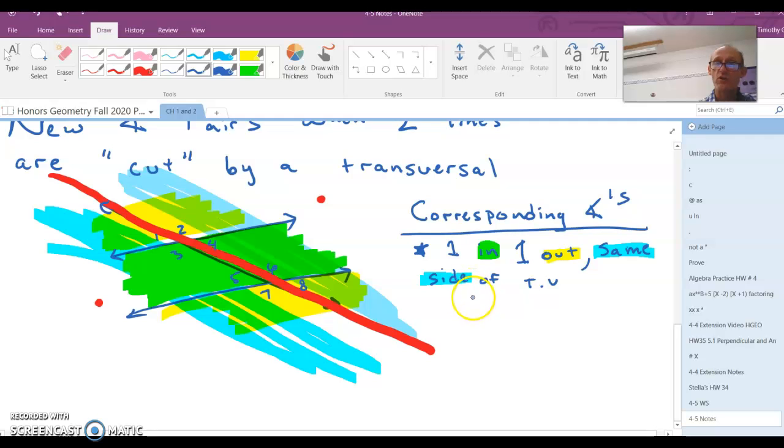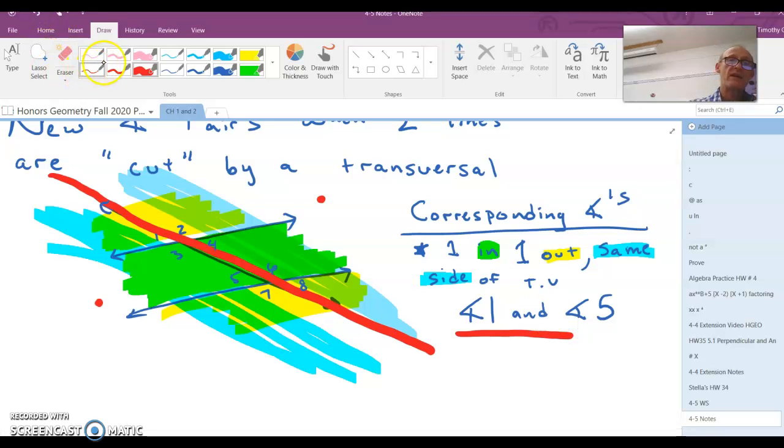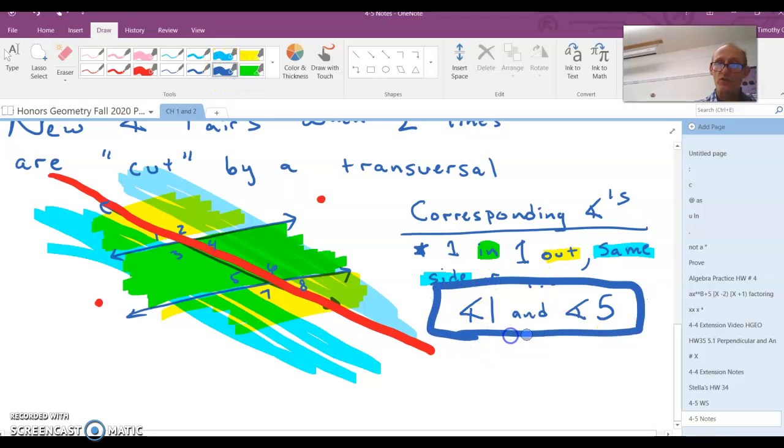The first corresponding angle pair is angle 1 and angle 5. Those are corresponding angles, this one and this one, same side of the transversal, one in, one out. Now, 1 and 3, we already know, those are supplementary. These are called a linear pair. So 1 and 5 are corresponding.